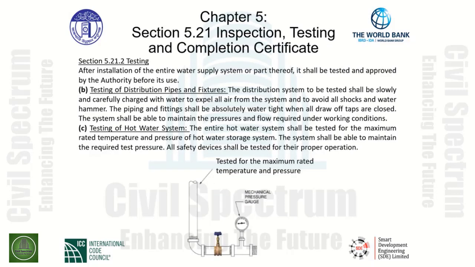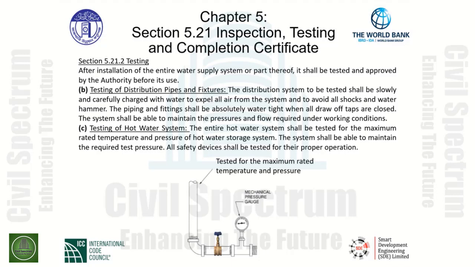Section 5.21.2 references testing. After installation of the entire water supply system or part thereof, it shall be tested and approved by the authority before its use. Item B specifically indicates testing of distribution pipes and fixtures.